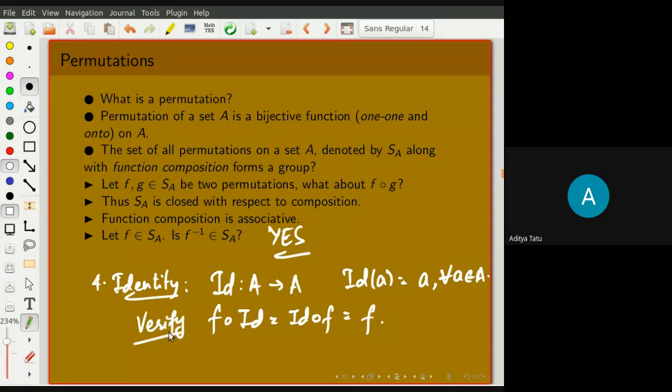It's not very difficult to verify this. So, since id, the way it is defined, is a bijection, it is in S_A also. All right.